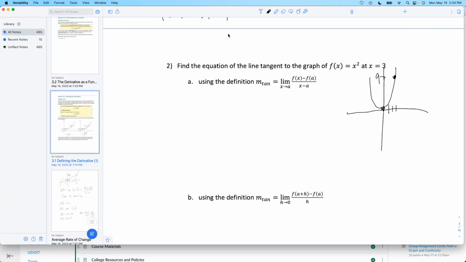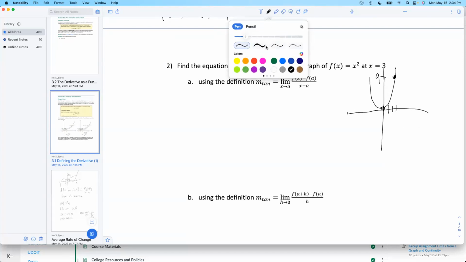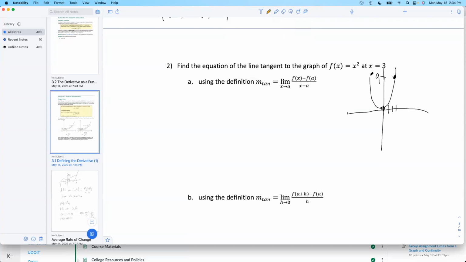Let me change the color on my marker here. I'll do orange since that's what they were doing. My secant line would kind of look something like this. You can see it's got a pretty good slope there. That's what we're finding. In both of these, we're finding the slope of that orange line right there.